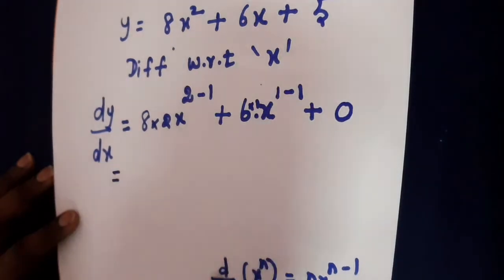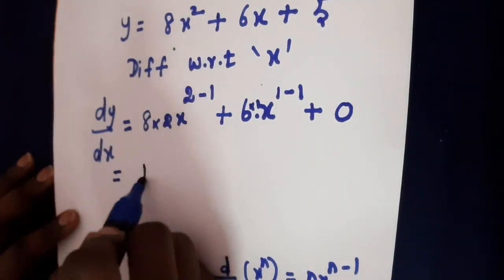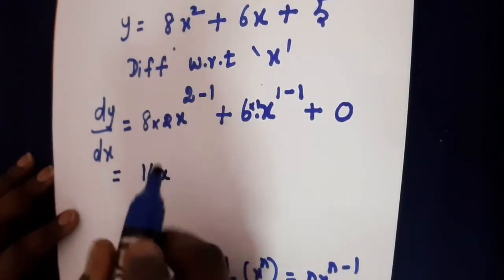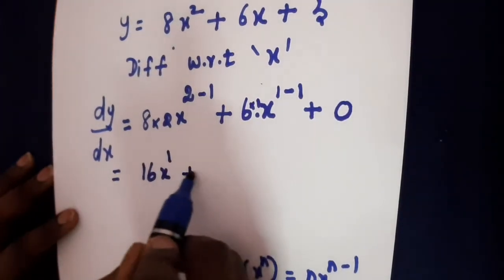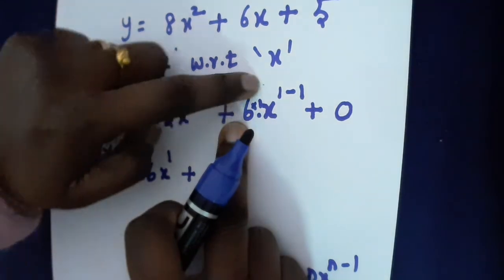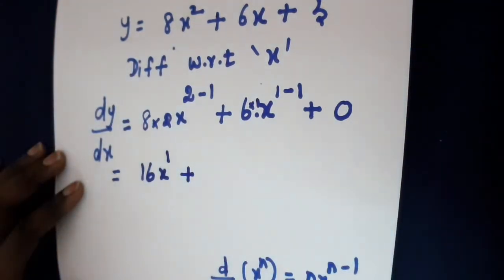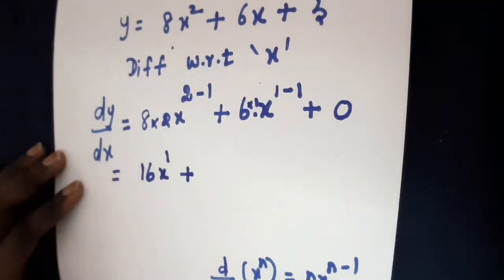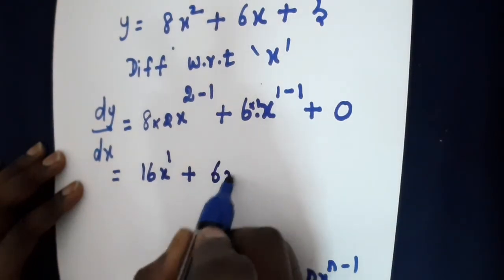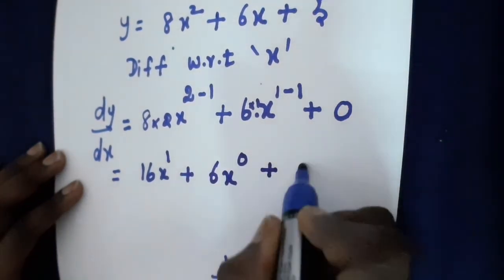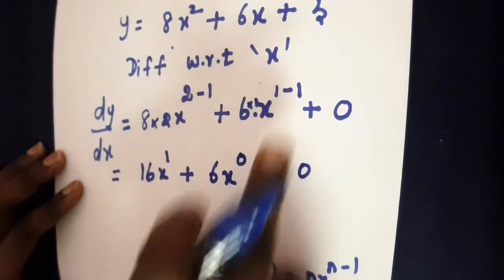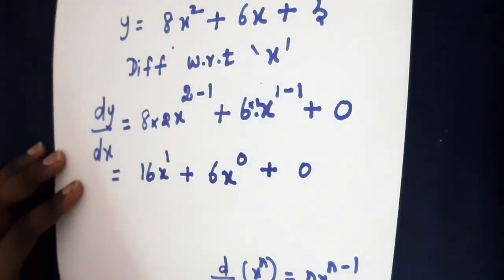Understood? Which is equal to 8 2s are 16. Already you have x to the power 2 minus 1 is 1, plus 6 times 1. 6 multiplied by 1. What is 6 multiplied by 1? You will get 6. x to the power 1 minus 1 will become 0, plus 0 we can ignore because differentiation of a constant will become 0.